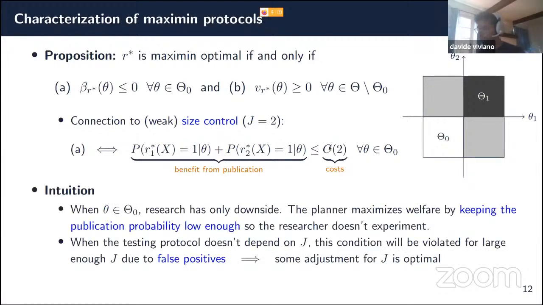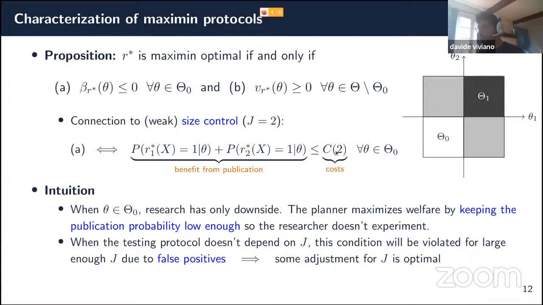Now, the intuition is what I just described. That is, the planner maximizes welfare by keeping the publication probability low enough whenever running an experiment will induce bad policy advice. Now, what's interesting here is that as we increase J, that is, as we increase the number of treatments, the left-hand side of the constraint might become larger.